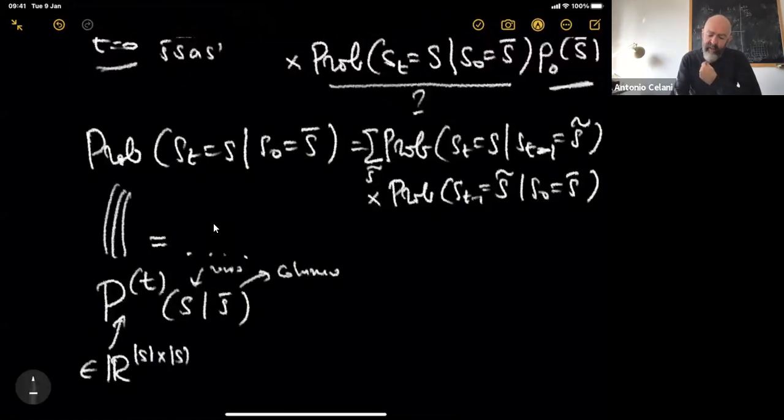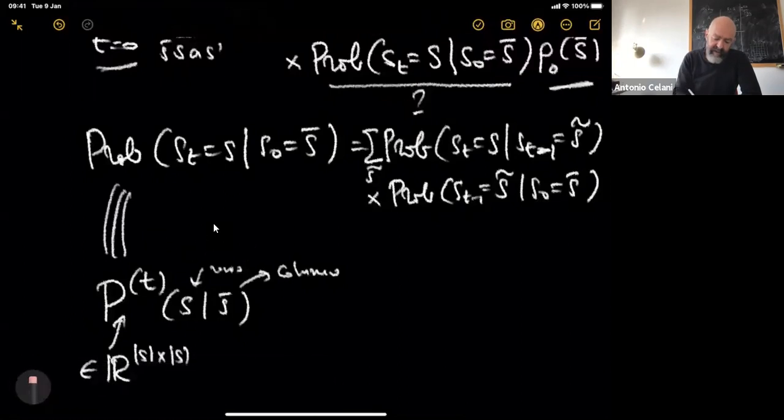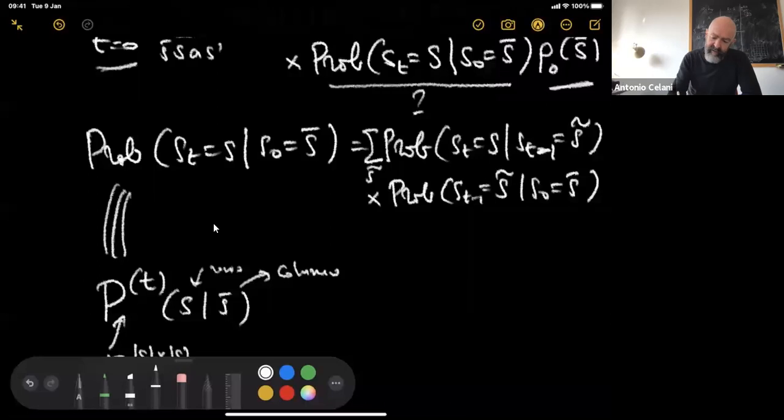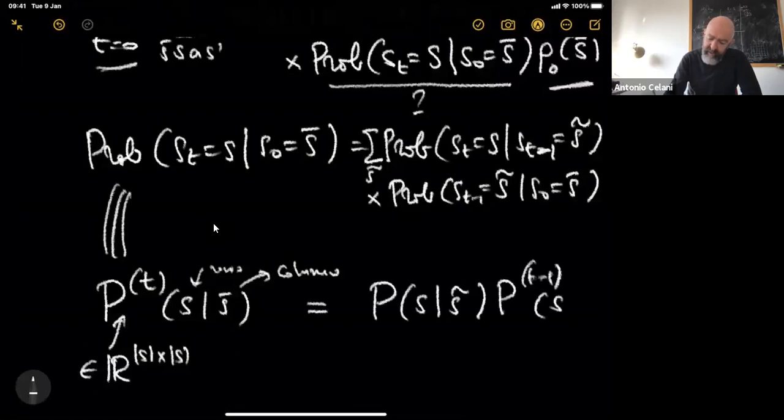So what is this equation above telling me? Well, this is again a matrix, and this is the same matrix, but for t minus 1. So this is, in fact, a matrix P(S, S tilde) times P_{t-1}(S tilde, S bar), summed over S tilde.